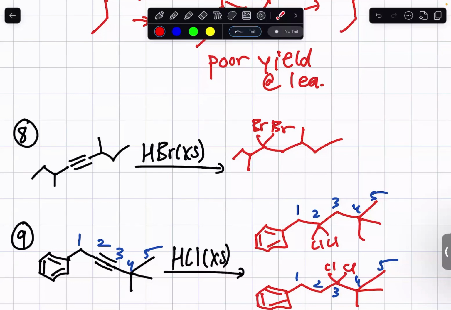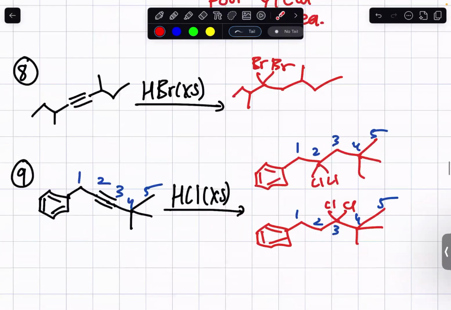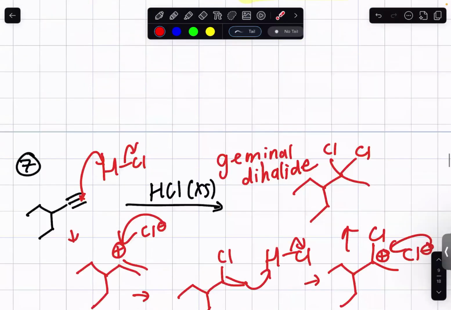But if there's a pre-existing chiral center somewhere else in the molecule that does not change at all, you cannot say racemic because there will be diastereomers, and then you would have to draw out that diastereomer or say how many stereoisomers there are, like 4 stereoisomers or 6 stereoisomers. Right. Okay.